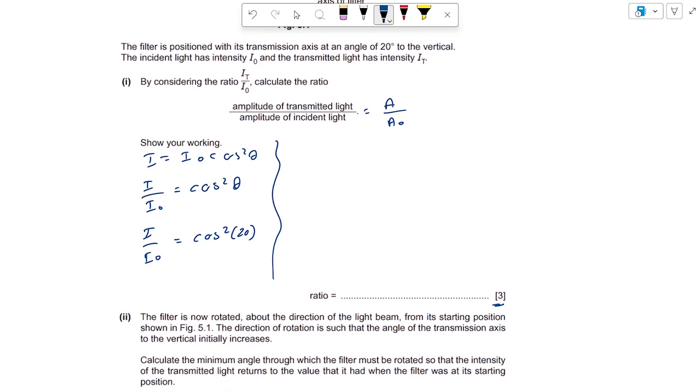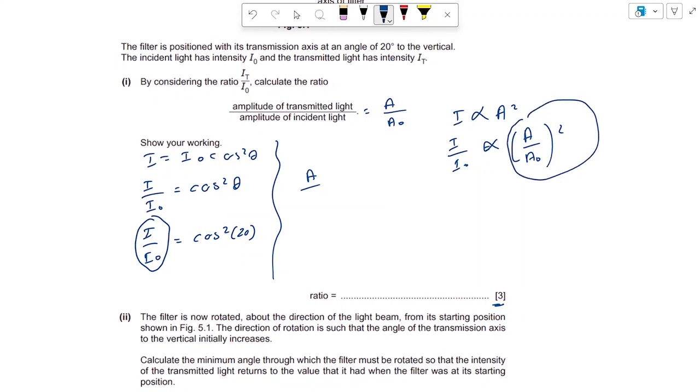We also know that I is directly proportional to A squared, which means I over I naught is proportional to A over A naught squared. So we can simply substitute this ratio with this ratio here.